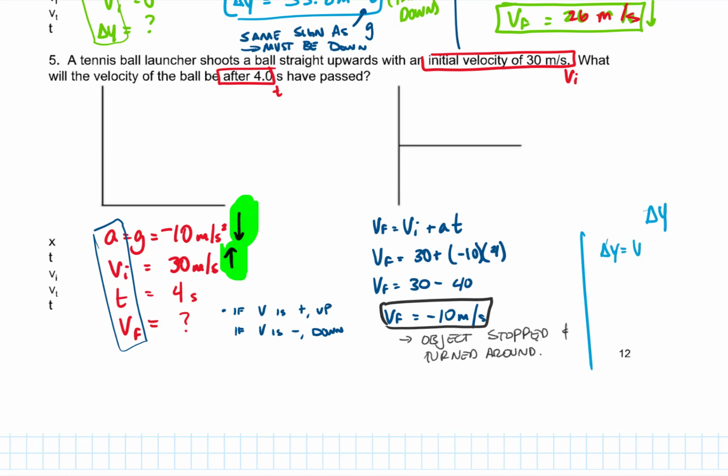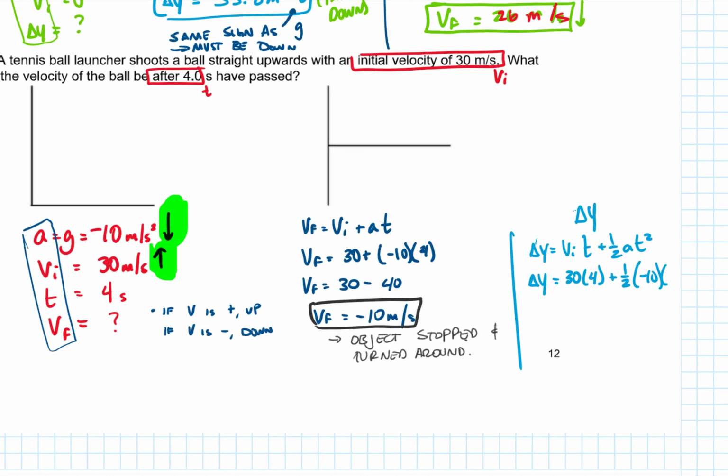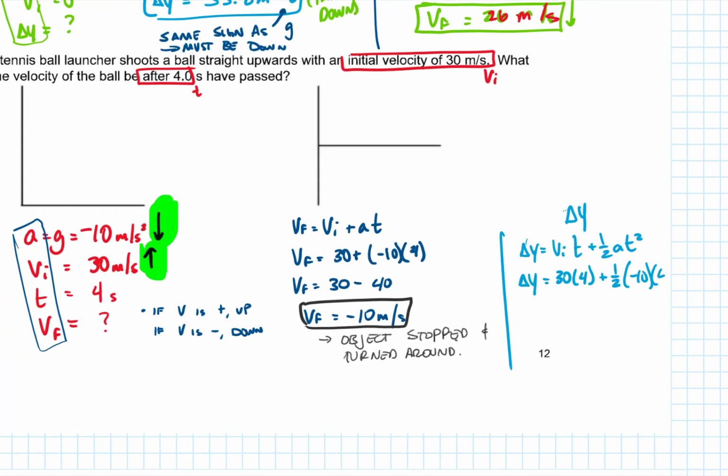Our delta y is going to be, we know everything, right? So just v0t plus 1/2 at squared. So my delta y is 30 times 4 plus 1/2 times negative 10 times 4 squared. So delta y is 120 minus 80, or delta y ends up being 40 meters.